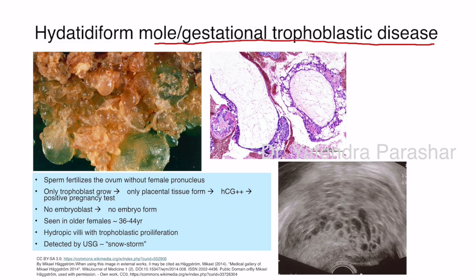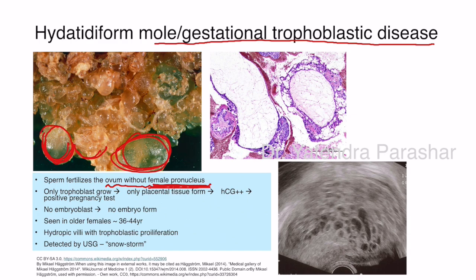When a sperm fertilizes an ovum which is empty or does not have the female pronucleus, it forms only trophoblastic tissue, that is, only trophoblast or placental tissue, but there is no formation of any embryo tissue or fetal tissue. This is known as a complete mole, and it presents as a cluster of grapes.